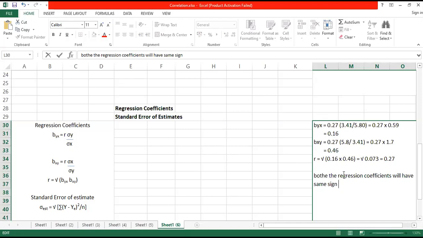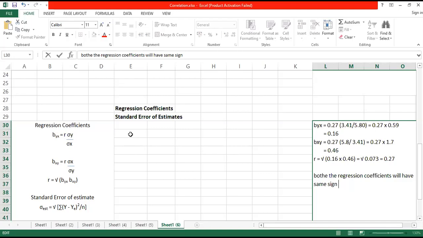They cannot have different signs, right? And whatever their sign is, that will be the sign of the correlation coefficient also, correct? So both the regression coefficients will have the same signs, and the same sign will be mapped to the correlation coefficient as well.